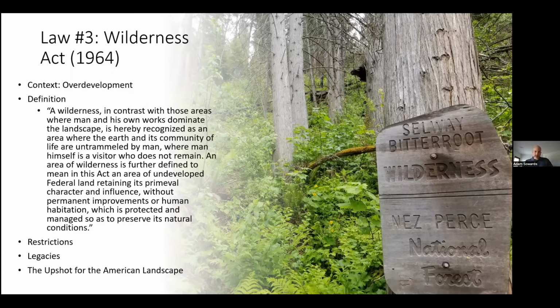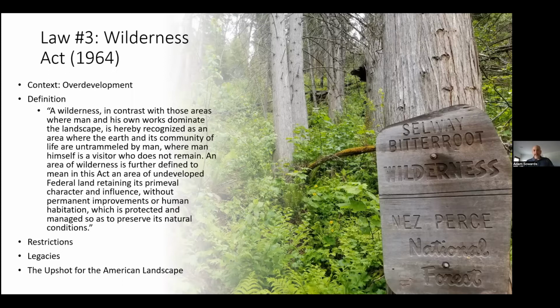But importantly, and this is part of the legacy, it established a procedure where this could be expanded. It required both the Forest Service and the Park Service to survey its roadless areas and get back to Congress and make recommendations for new places that would be included in the National Wilderness Preservation System.